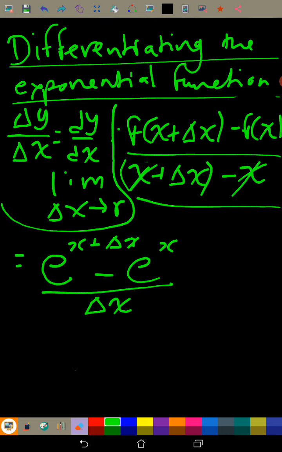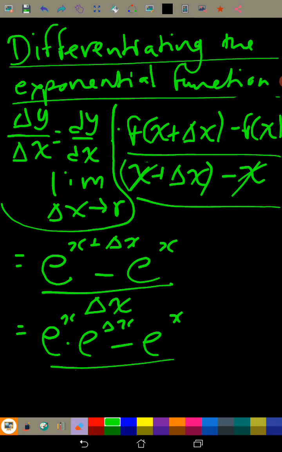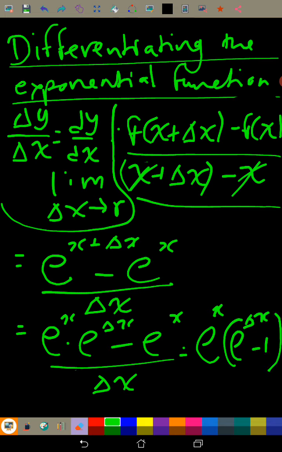There is another way to rewrite this. We can say e^x times e^(delta x) minus e^x, sorry. Delta x is here, so we factorize, the common factor is out, and we have e^x times (e^(delta x) minus 1), close the bracket, and we have this.